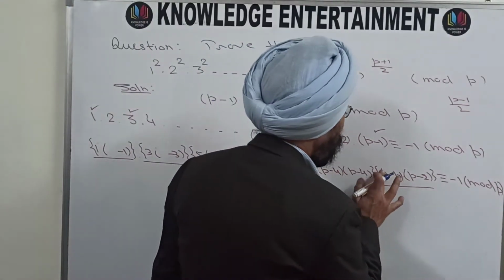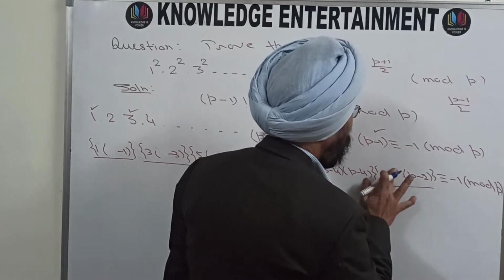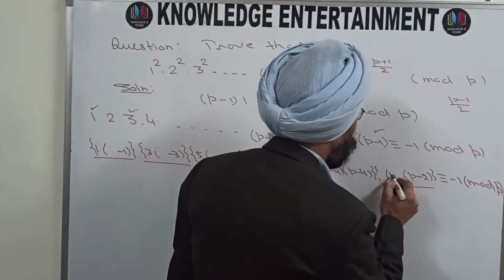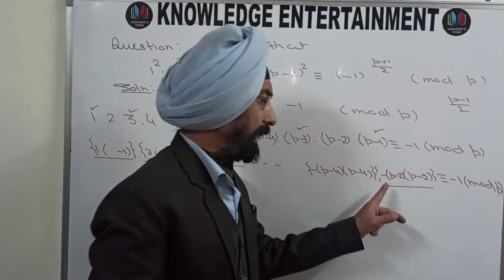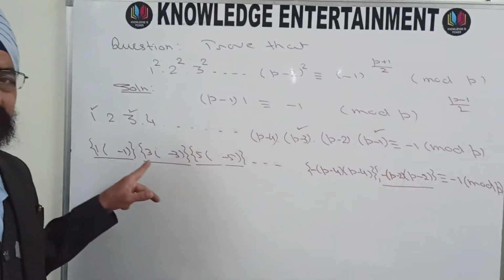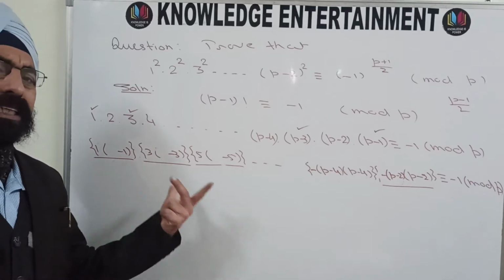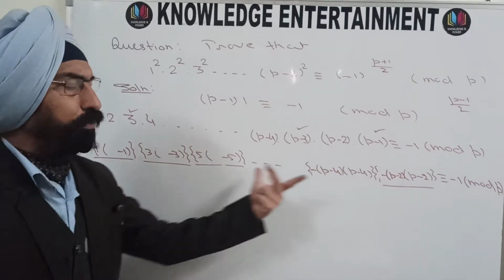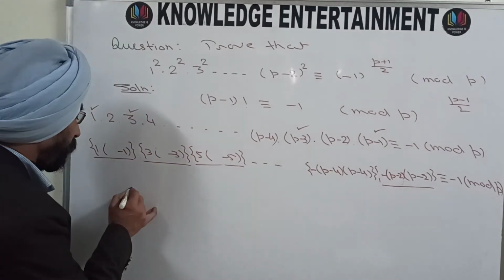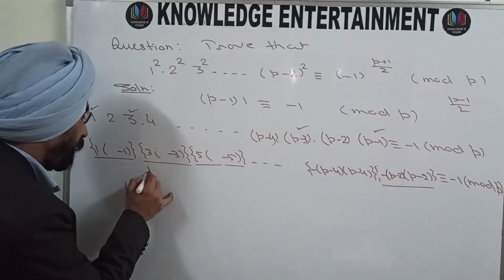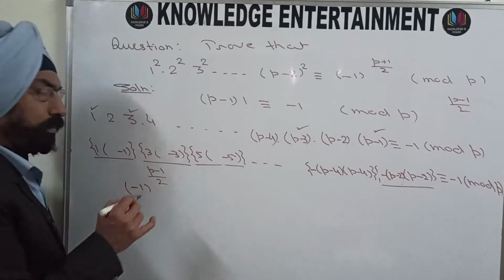This 2 minus P, I am going to write as minus (P minus 2), so a negative sign here. So how many negative signs are there? They are exactly (P minus 1) by 2, because each pair contains one negative sign, and their product is minus 1 raised to the power (P minus 1) by 2.